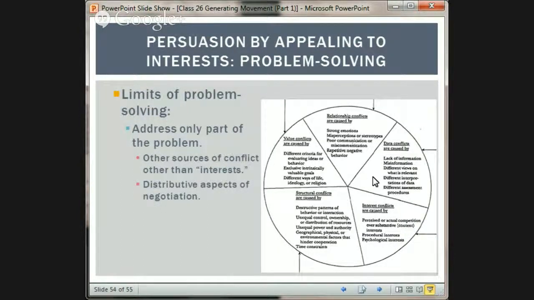The other thing is, you'll remember that interests are only one source of conflict, and that there are other sources, data, relationship, value, and structural, that this approach is not really going to focus on. And it also doesn't tend to focus on the distributive aspects of the negotiation, where instead of just expanding the pie through interest identification, you're now actually splitting up the pie.